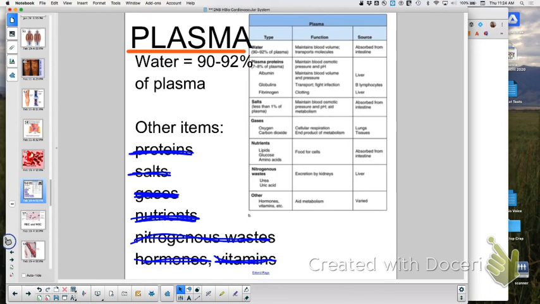Okay, go to your blood contents. Formed elements in plasma, which is over 90% water. Plasma contains dissolved, can you fill it in?